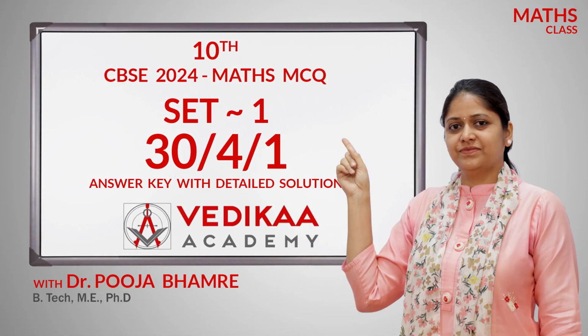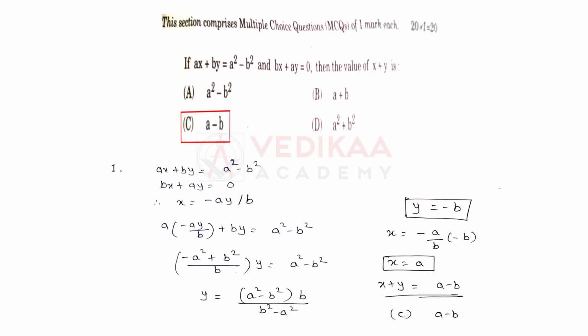Let us start with the detailed answer key of set 1, question paper code 30/4/1. The first MCQ: two equations were given and it is required to find the value of x plus y. It was very simple. From the second equation, you can easily see that x is equal to minus ay upon b.